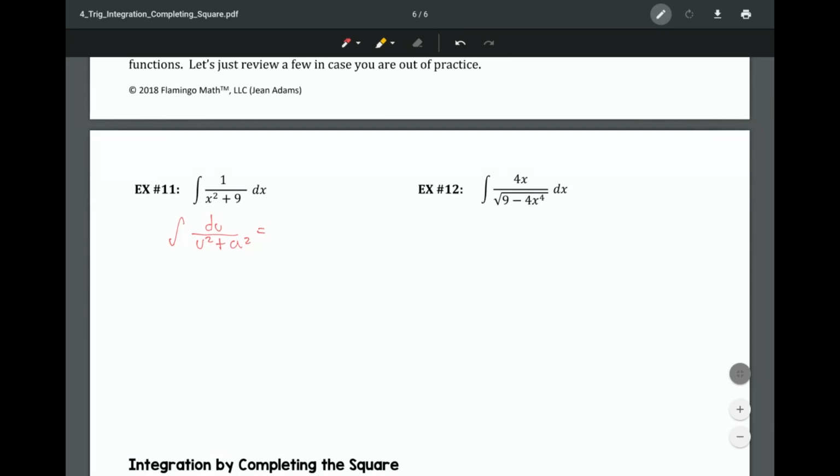Notice that on this one, u is x, and if u is x, then du is dx. So notice that I have that. That's not a big deal. I have everything I need here. If I were to rewrite it the way they had it, this right here, 1 dx, would be du. u would be x, and a is actually 3, and then we square it, you get 9.